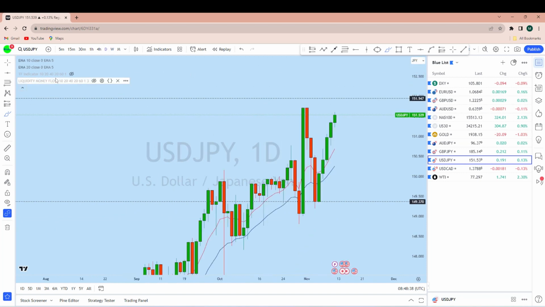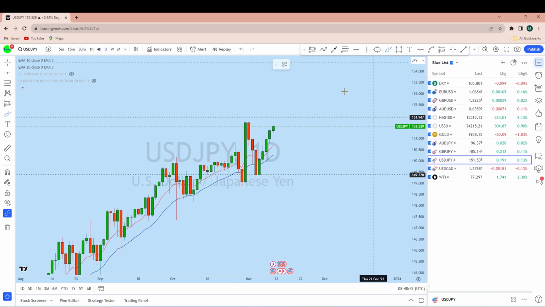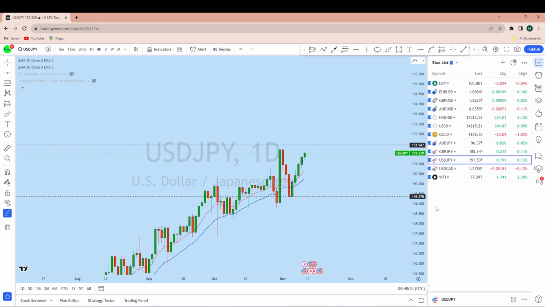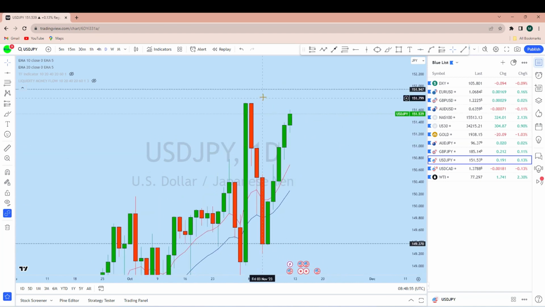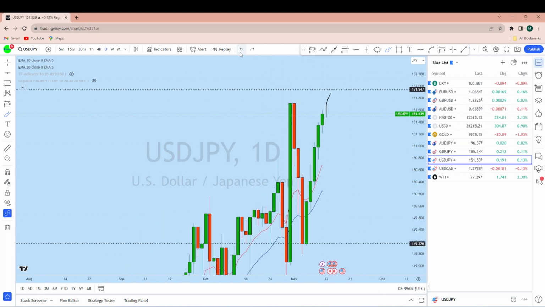Now looking at the daily time frame, we can see that from the daily perspective, this is a daily impulse followed by a pullback to the support level, and we see the market is again moving to the upside on dollar yen. And as there is high liquidity above this weekly candle on the daily, we could see dollar yen break the high, and then we can expect the price to come down to create a new lower low.